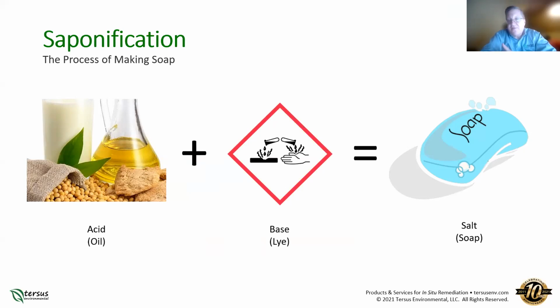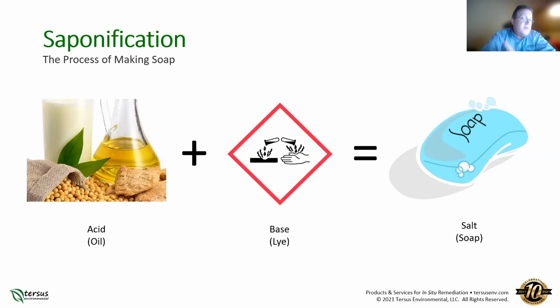So often, and when I'm saying often, I'm talking about the community at large, we'll add a base to the system to try and help increase the pH from an acidic condition to more neutral. And really, that process is known as saponification. And that's the process of making soap. And we, as a society, have been making soap for a very long time.